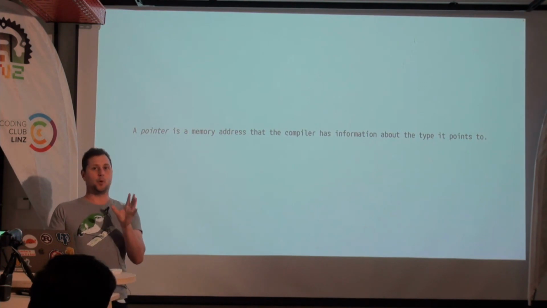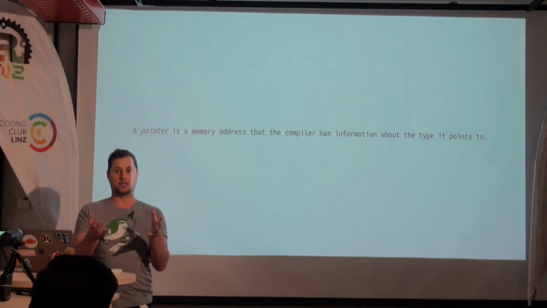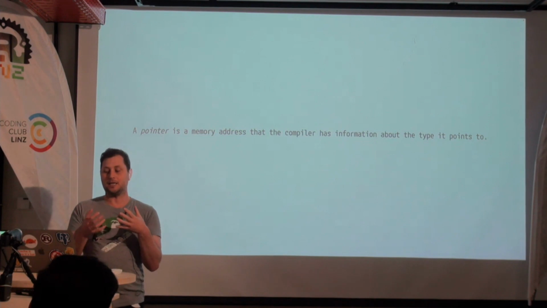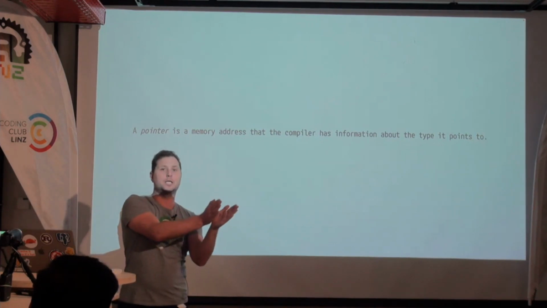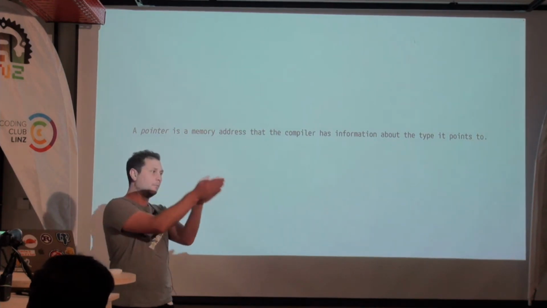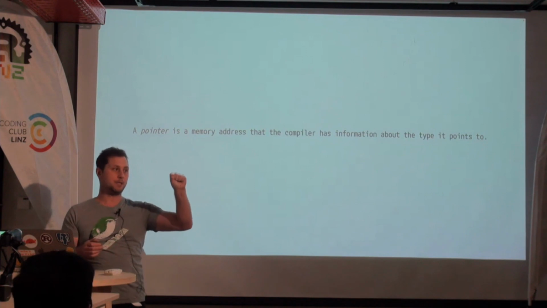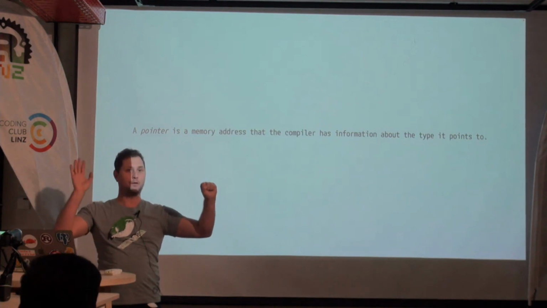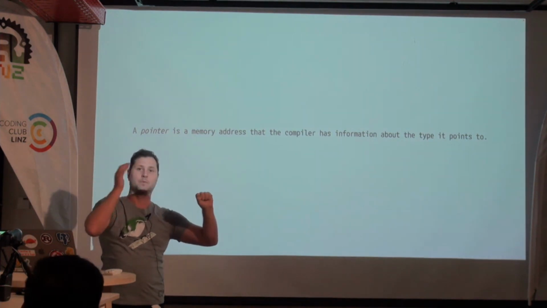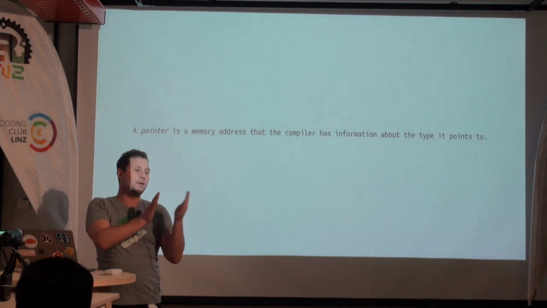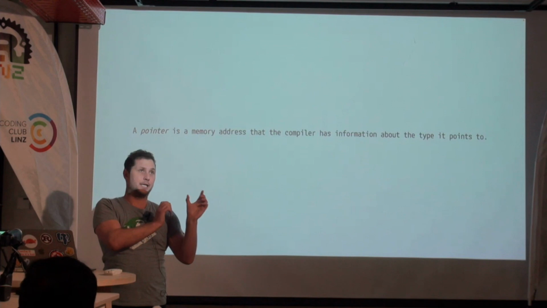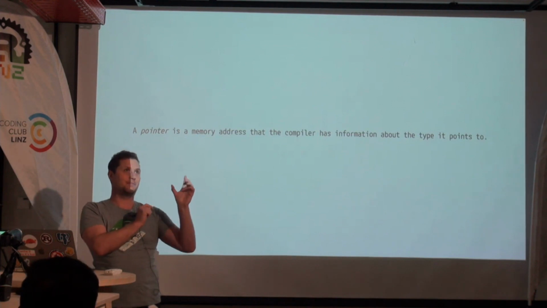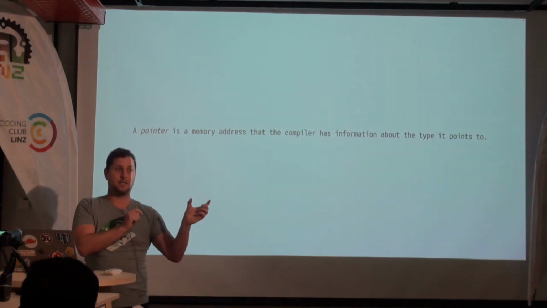Let's define pointer as a memory address for which the compiler has information about the type that the pointer is pointing to. So I am an integer, and I have a pointer over here that is pointing to the integer. The compiler knows the width in memory that the integer takes up in RAM.